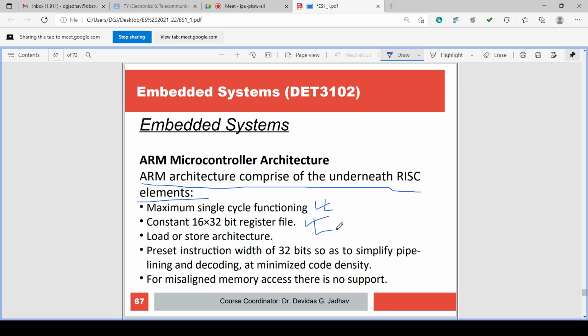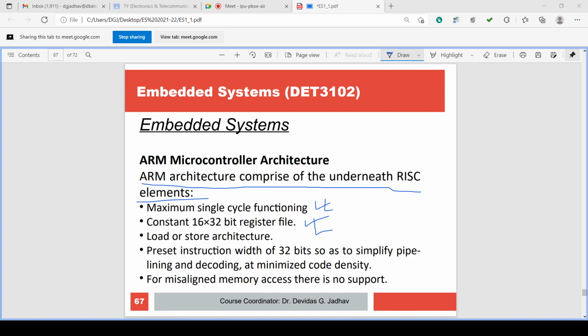Constant means what? Constant means non-volatile, not changing. Which is the memory type which is volatile? The memory type which is volatile is RAM, random access memory.